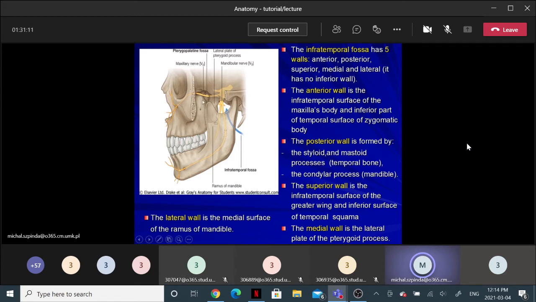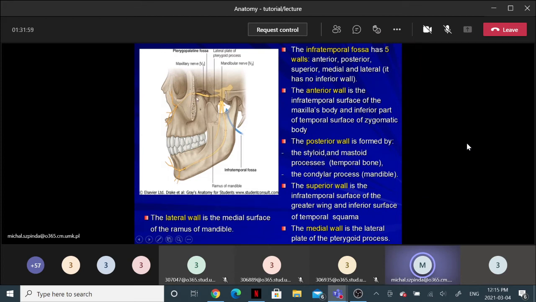The anterior wall is visible here. Such an area of the maxillary body is called the posterior surface of the maxillary body or infratemporal surface, but only the posterolateral part of it corresponds to the infratemporal fossa, whereas the superomedial part is involved in the anterior wall of the pterygopalatine fossa.